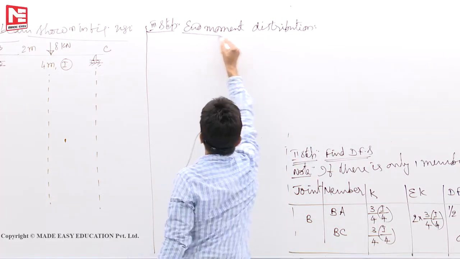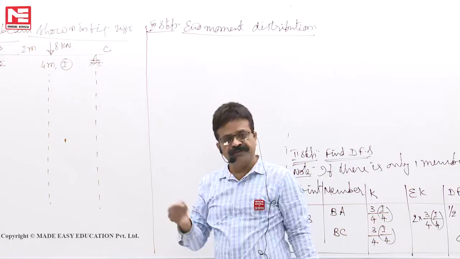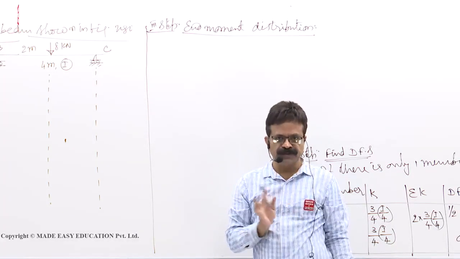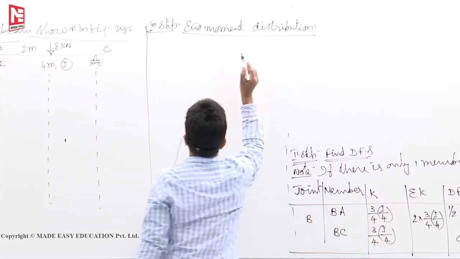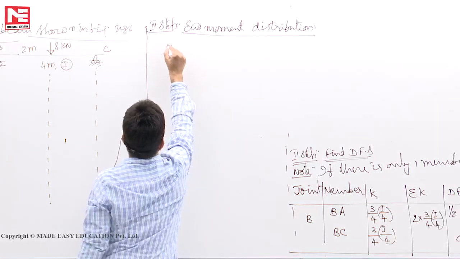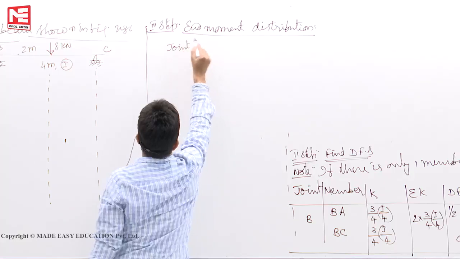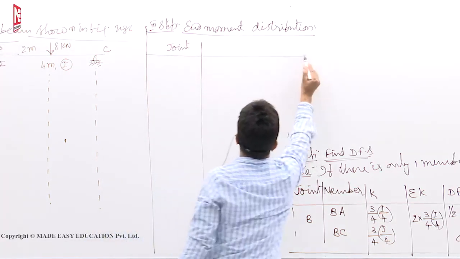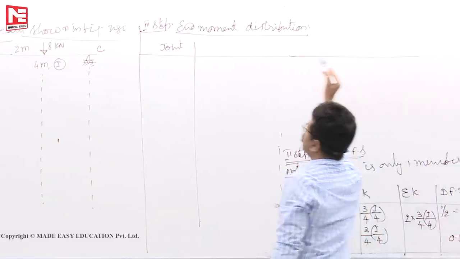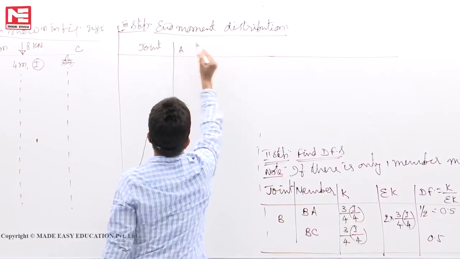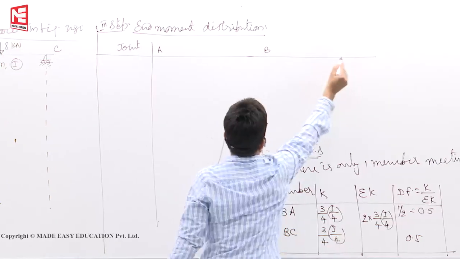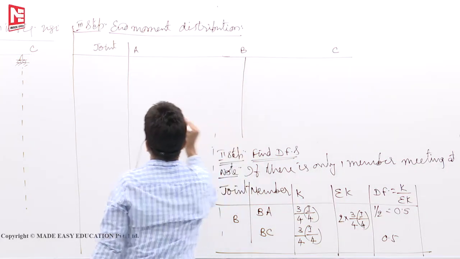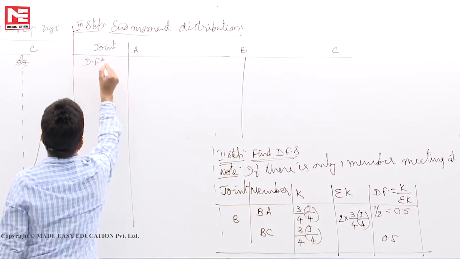Moment distribution always means either fixed end moment distribution or any applied end moment distribution only. For this end moment distribution, we write like this. Joint A, B, and C. Then the distribution factors you will write here.